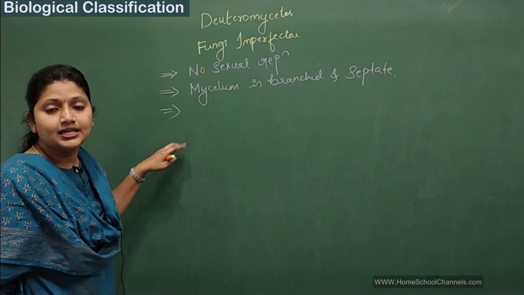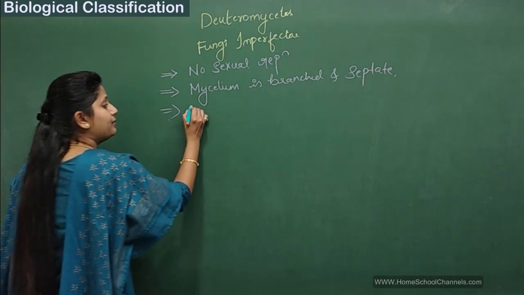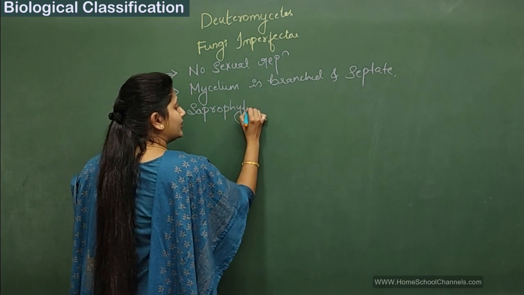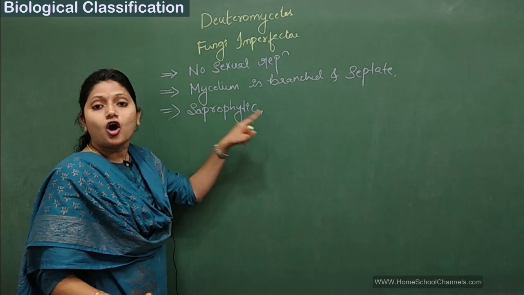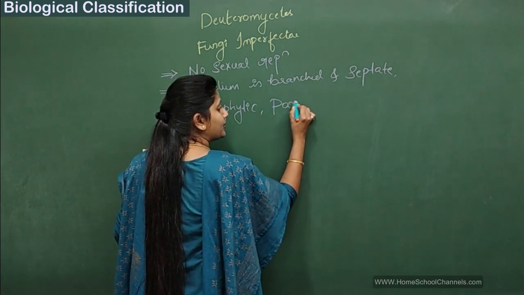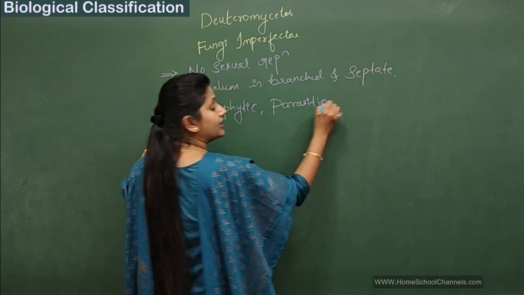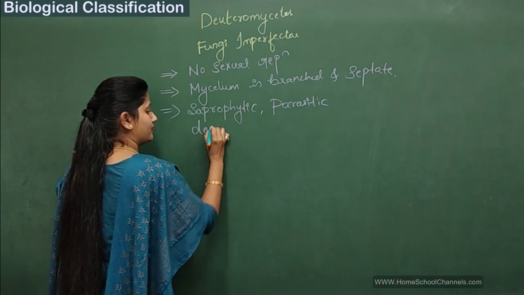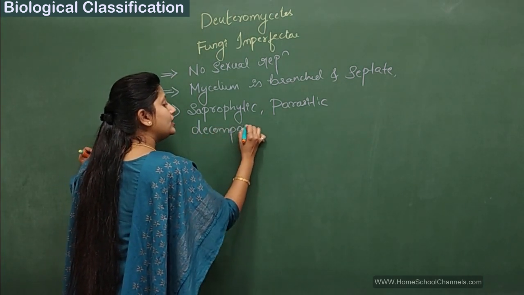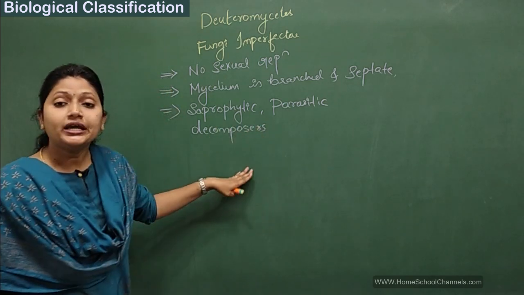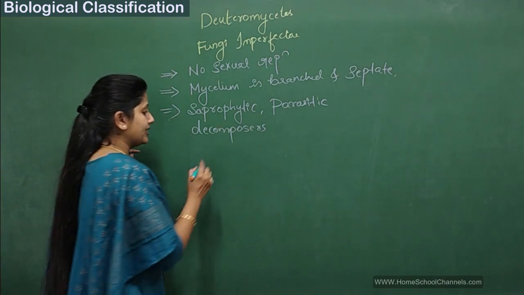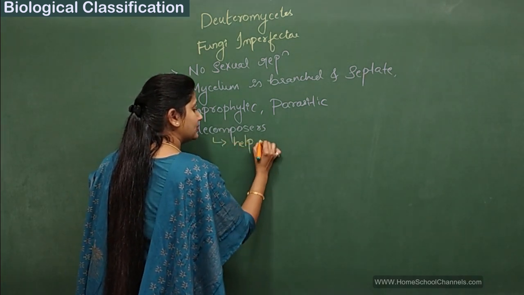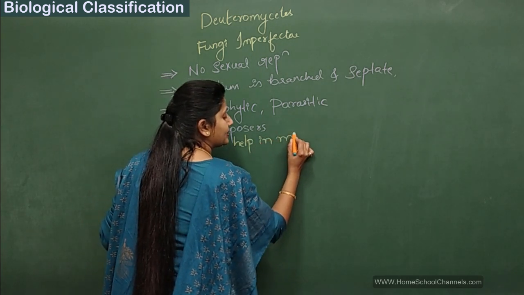Next characteristics. These organisms may be saprophytic, or they may be parasitic, or otherwise they can also be decomposers, which mainly help in mineral cycling.